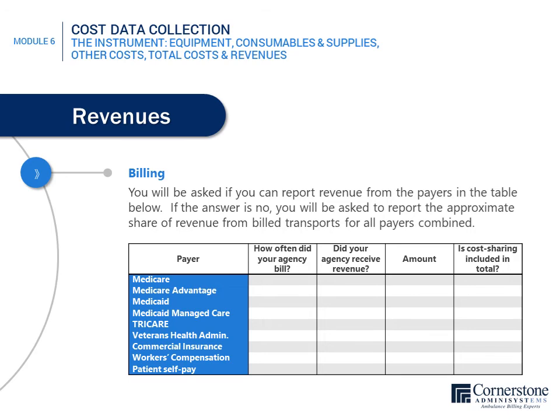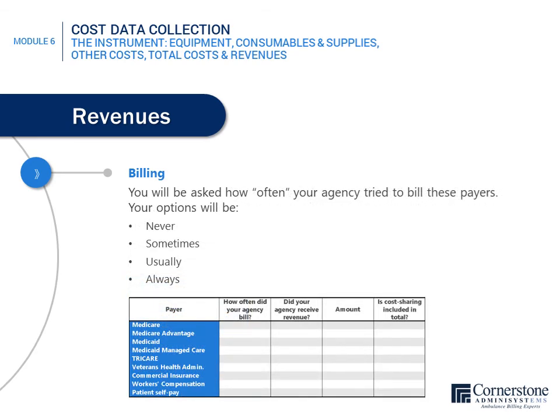What exactly does that mean? So what CMS has done is add these qualifiers in. They're going to ask how often your agency tried to bill these payers, and the default options include never, sometimes, usually, and always. Well, never and always seem pretty cut and dry.